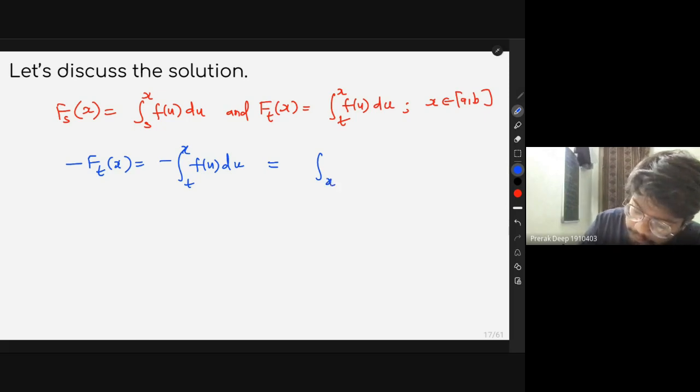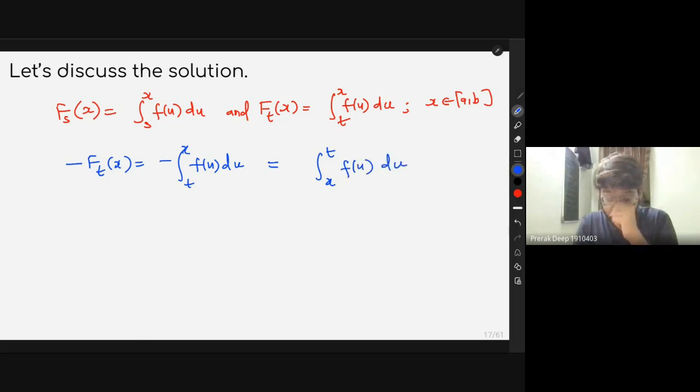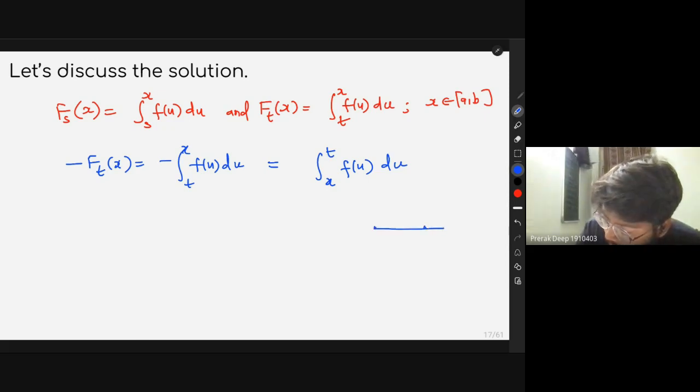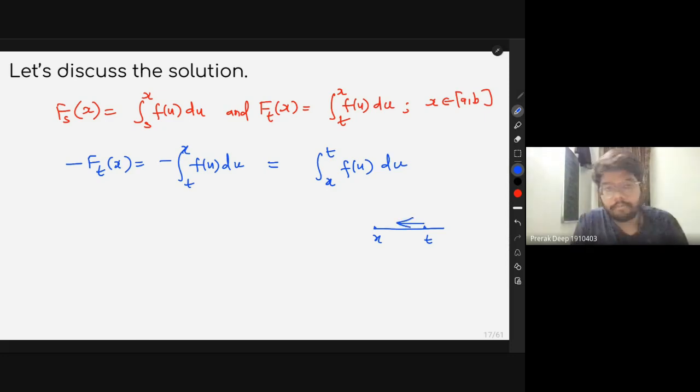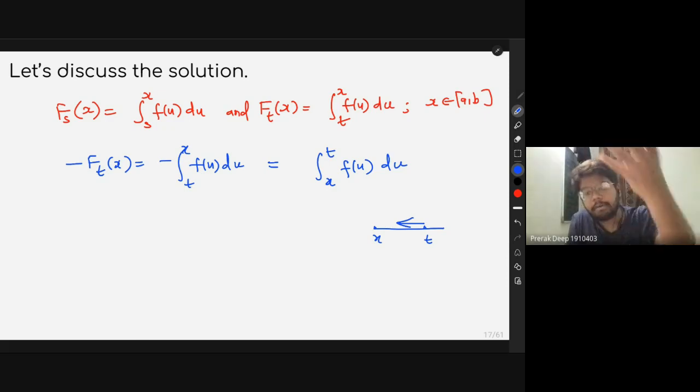So it will be the integral from x to t of f of u du. Earlier we were going from t to x, because your lower limit was t and upper limit was x.